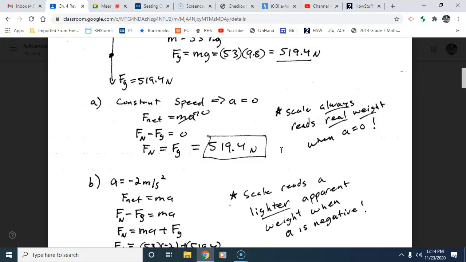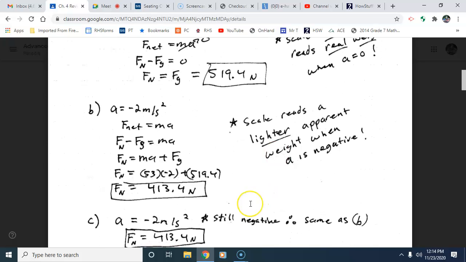But then we have situations like part B, where it slows at 2 meters per second squared while moving upward. All right, now this is where we got to be careful. If I'm moving up and slowing down, my A has to be what? Negative, all right?